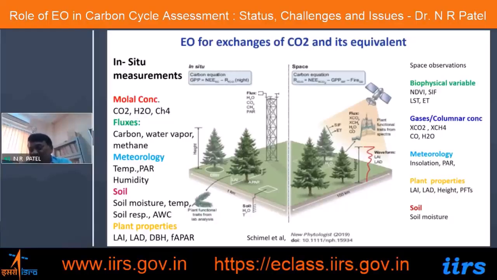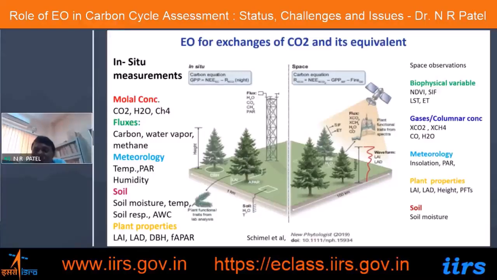So from MOSDAC at the Space Applications Centre, we can get a daily solar radiation database over the whole of India. Similarly, the Meteosat Second Generation satellite has the SEVIRI sensor, which also has the capability to provide daily and hourly solar radiation databases. So all these solar radiation data are driving forces for photosynthesis. So they are very useful.